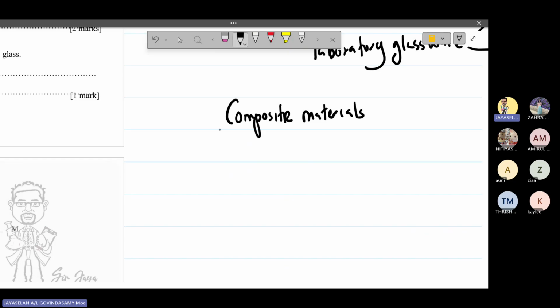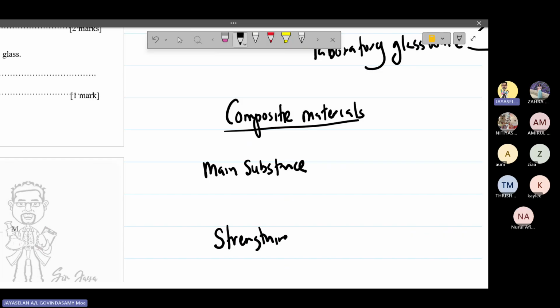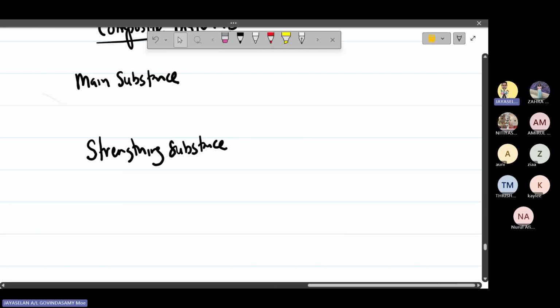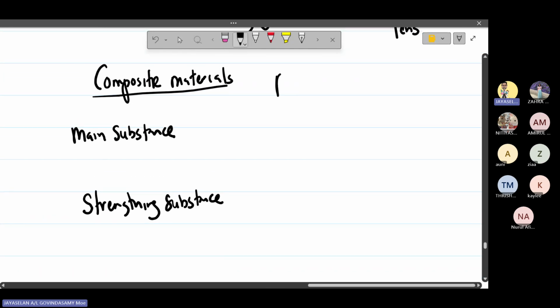Listen. A composite material means two non-homogeneous substances are mixed together. One is called the main substance. Another one is called the strengthening substance. Main substance and strengthening substance.